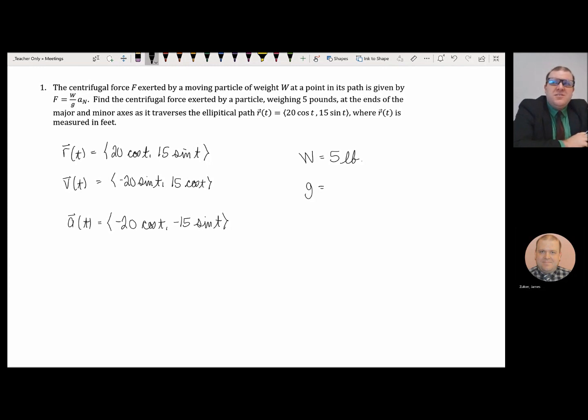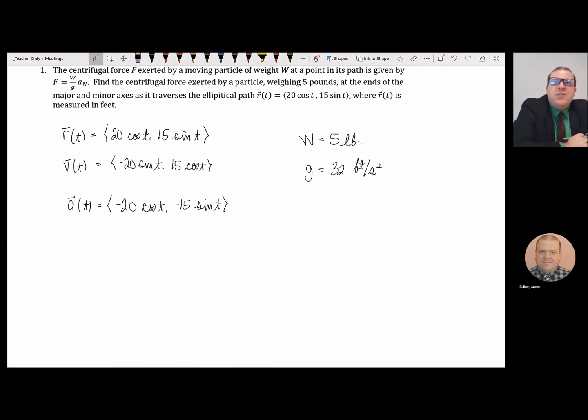What is it? 32. We just use 32, typically as an approximation. Right, 32 feet per second per second. Notice we're just trying now to find A_N, which is why we needed v and a.